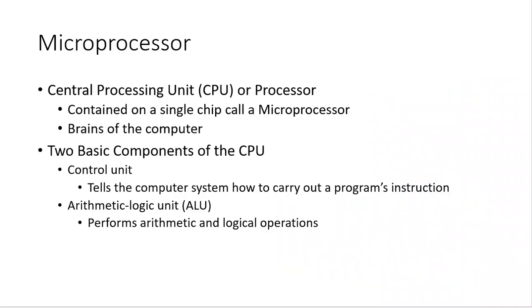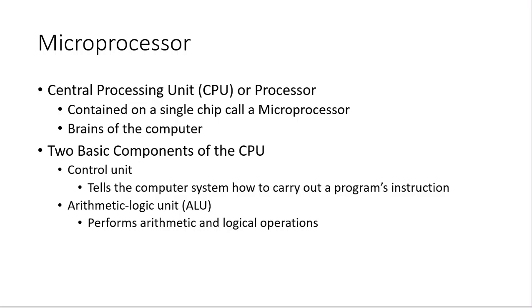Okay, for microprocessor, apakah itu microprocessor actually? It is central processing unit. Okay, central processing unit kita panggil CPU or processor, contained on a single chip called microprocessor. Yang kaki-kaki banyak tadi kan, itu adalah chip, dan CPU ni berada dalam satu single chip yang dinamakan microprocessor. Okay, microprocessor ni penting sebab dia berfungsi sebagai brains of the computer.